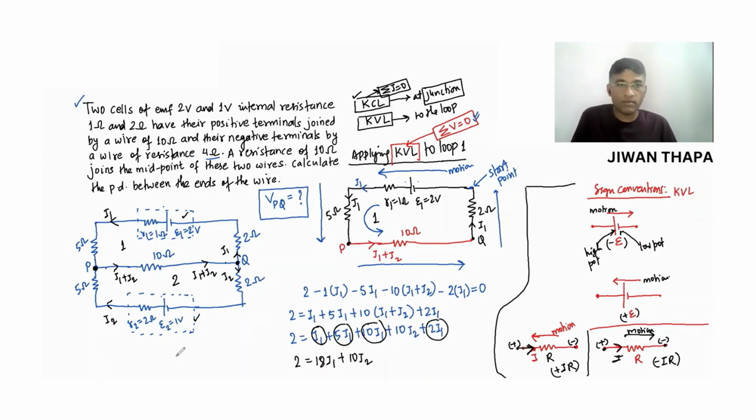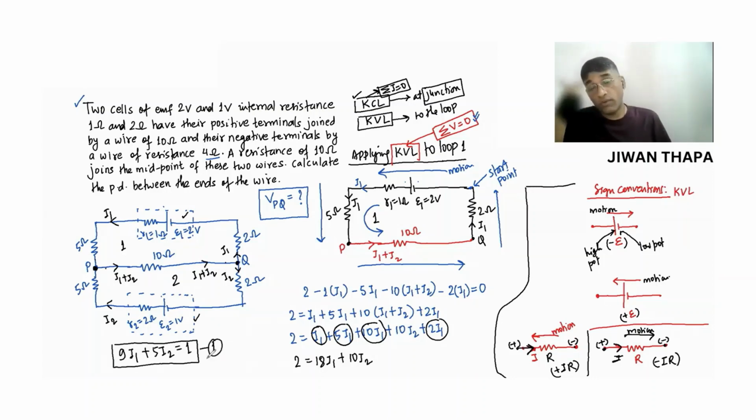We can take common, and finally we get 9I1 plus 5I2 equals 1. Let's call it equation 1. So from loop 1, applying Kirchhoff's voltage law, we get this equation.